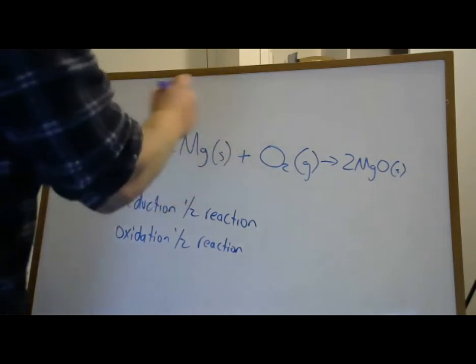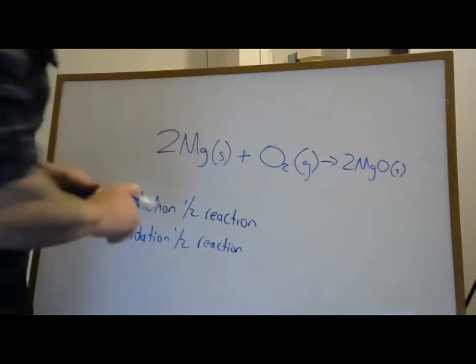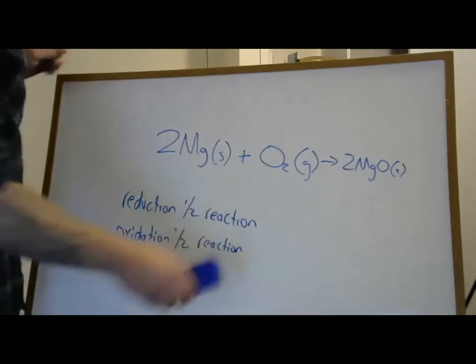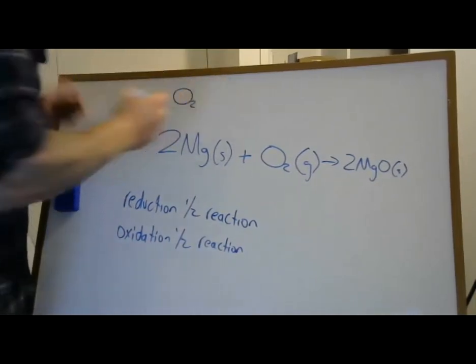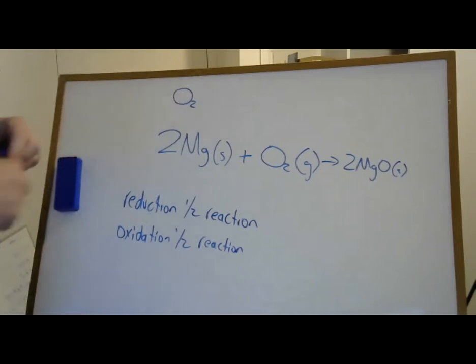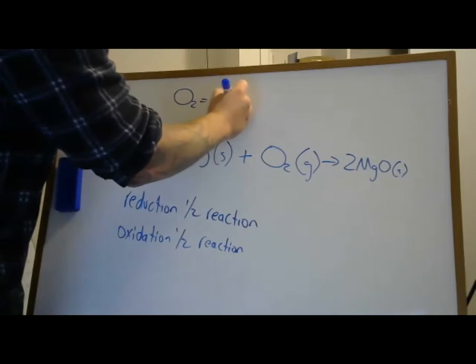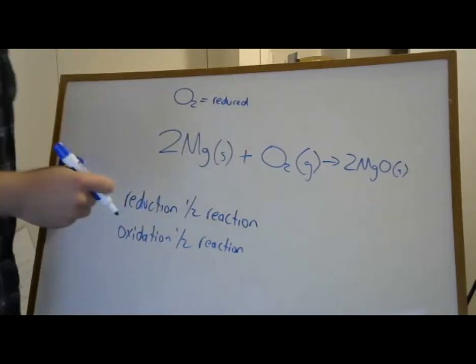So O2 in this reaction gains electrons. So O2 is reduced. And I'll show you how to figure this out. I'm just splitting it into this so it's a bit of an overall view. Oxygen is reduced.